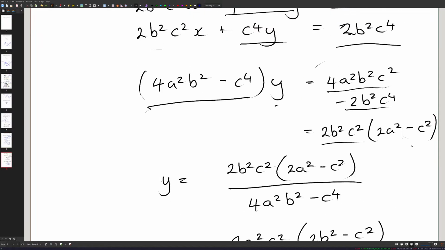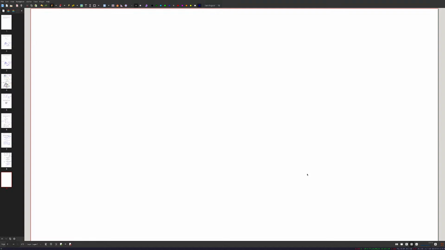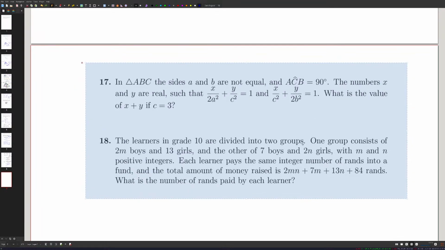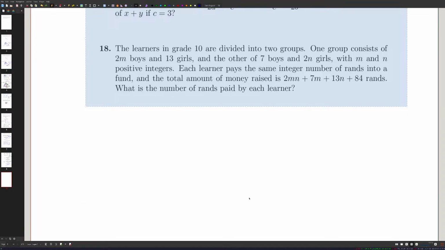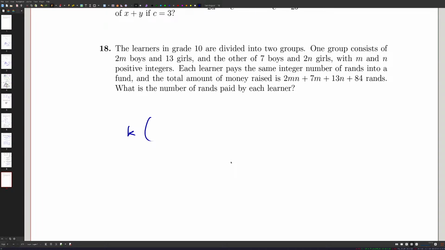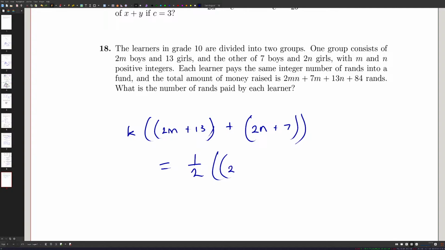Okay, so we've got, oh, why do I have this page here? Again, let's paste this so I don't have to keep scrolling up. So I had k times (2m plus 13 plus 2n plus 7) equals a half of (2m plus 13)(2n plus 7) plus 77.